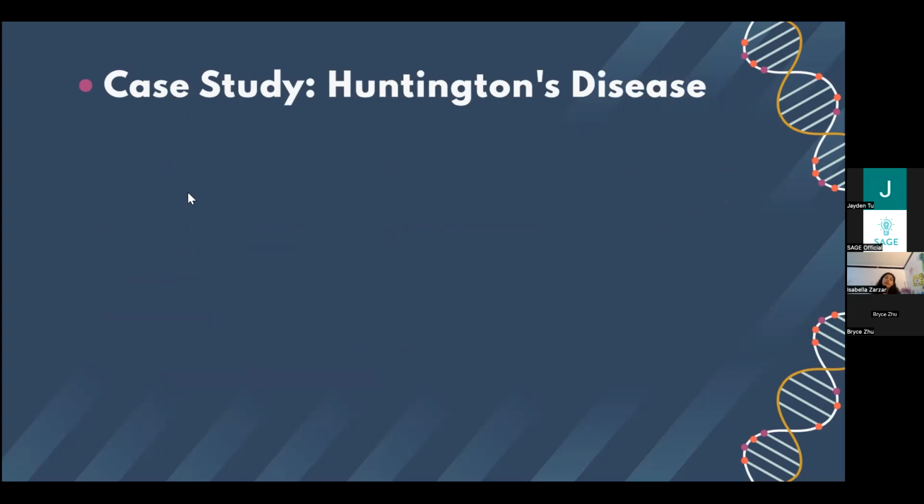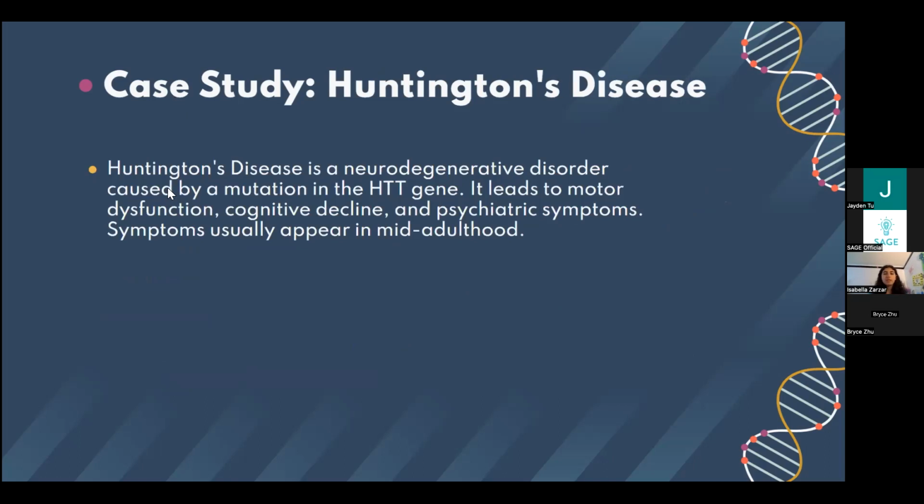Case study: Huntington's disease. This is the last genetic disorder we're going to be going over. It's a neurodegenerative disorder caused by a mutation in the HTT gene. It leads to motor dysfunction, cognitive decline, and psychiatric symptoms.